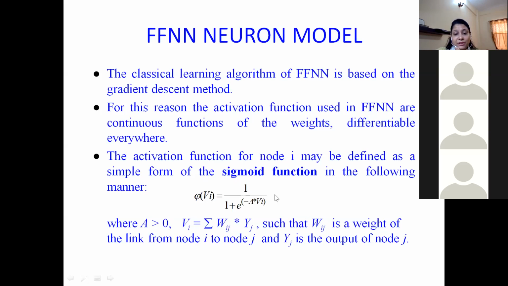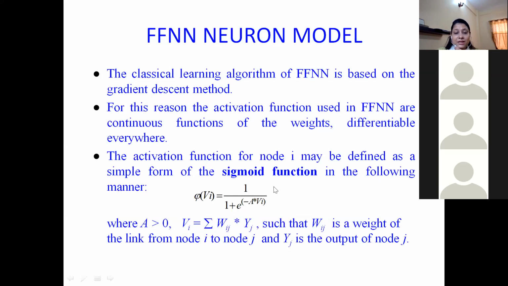This is the representation shown here: psi of vi equals 1 by 1 plus e to the power minus a into vi. Now what is this vi? Vi is every time going to be updated, and it can be computed as the summation of wij into yj. Now what is yj? Yj is nothing but the output of node j.